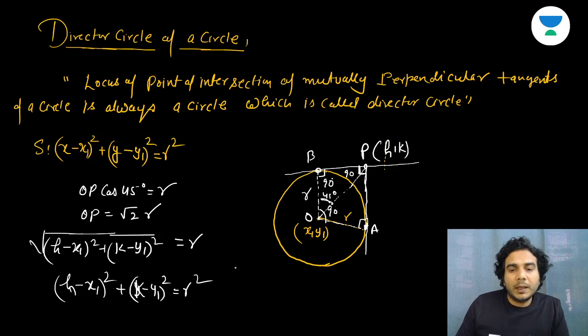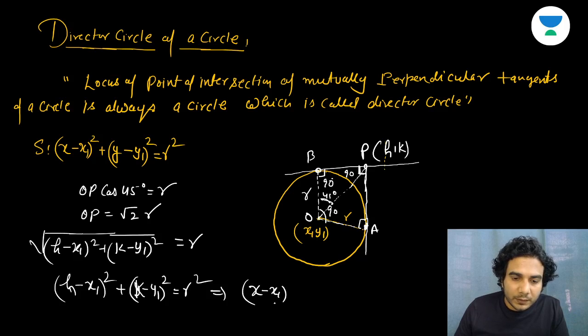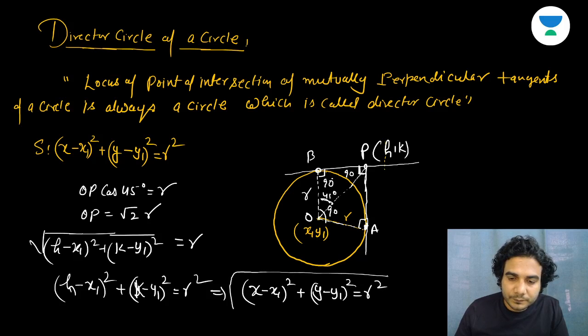All right, and this is the equation of locus of point P. So (x minus x1) the whole square plus (y minus y1) the whole square is equal to 2r square.